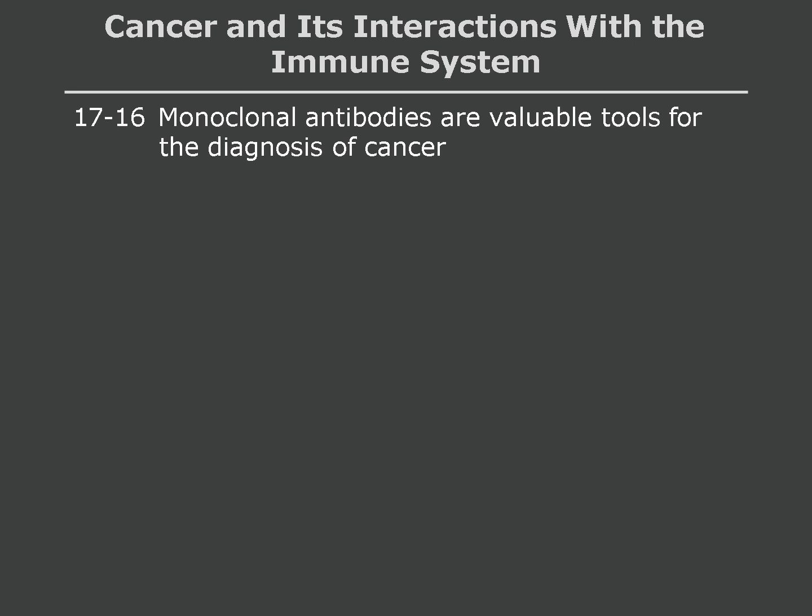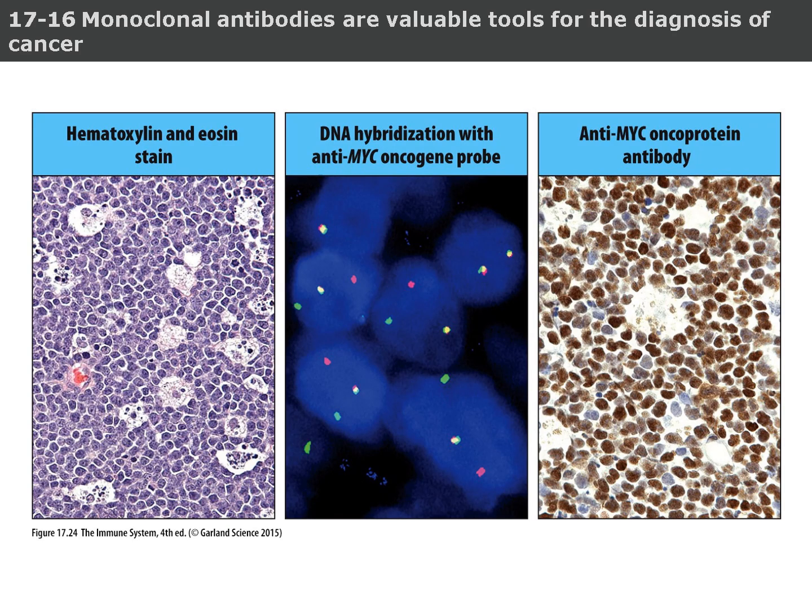Monoclonal antibodies are valuable tools for the diagnosis of cancer. This figure shows how monoclonal antibodies and molecular techniques are used in cancer diagnosis. Hematoxylin and eosin staining reveals the general cellular architecture of a tumor. DNA hybridization with an anti-MYC oncogene probe detects genetic abnormalities associated with MYC amplification.